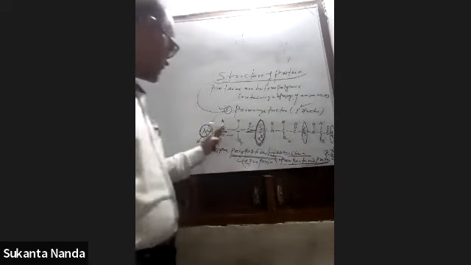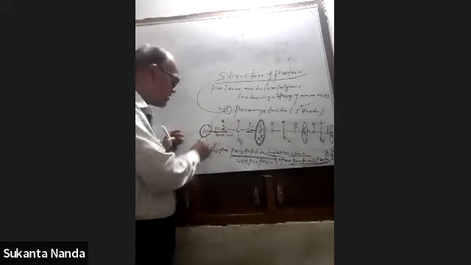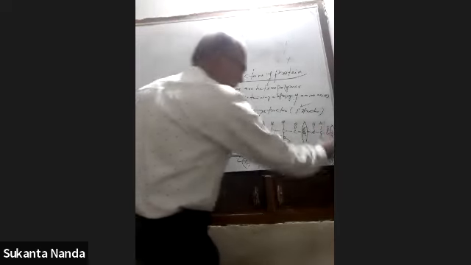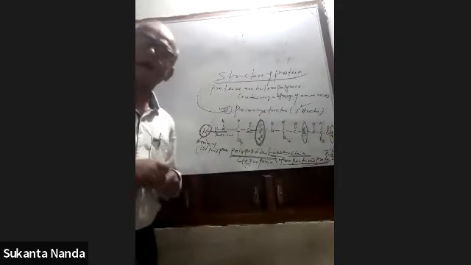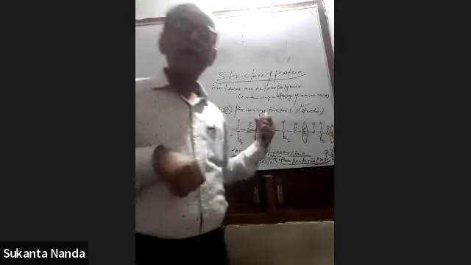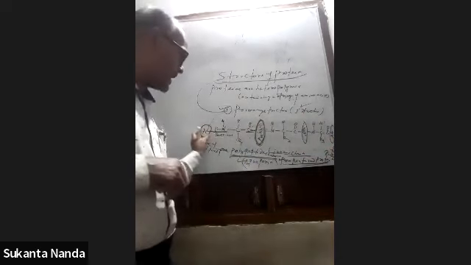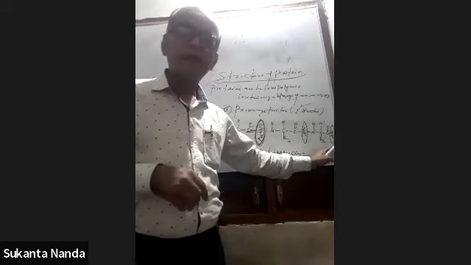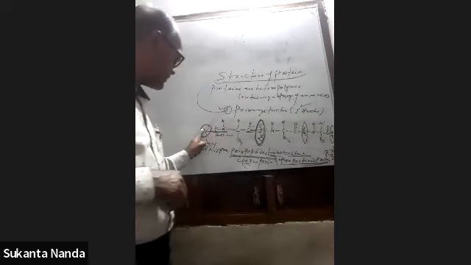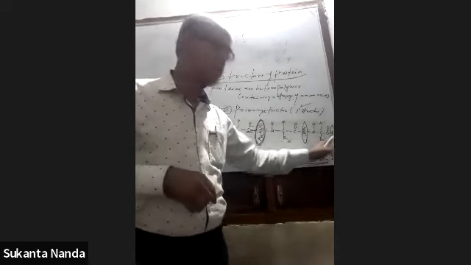The first part, the beginning, is called the N-terminal. The end part is called the C-terminal. You may have a doubt about why it is called the N part: it is the amino group side, and the other side is the carboxyl group.